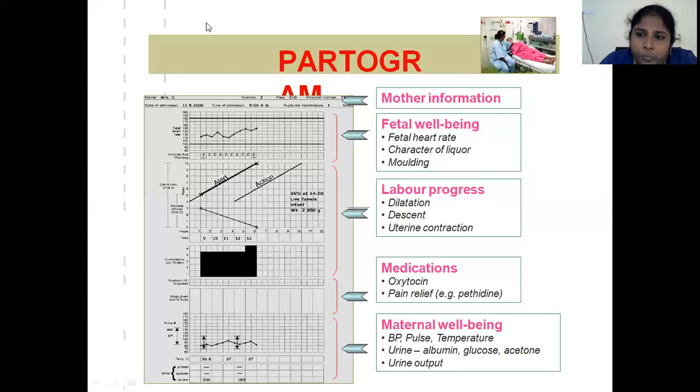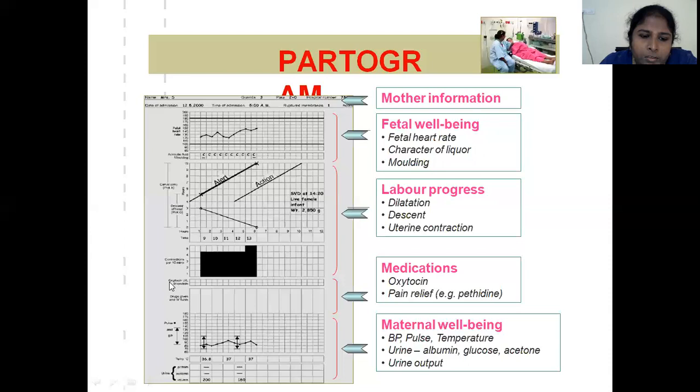So you have to monitor these points. First, mother's information: name, age, address. Fetal well-being: fetal heart rate, liquor, moulding. Labor progress: dilatation, descent, uterine contractions. Any drugs you have given, oxytocin.